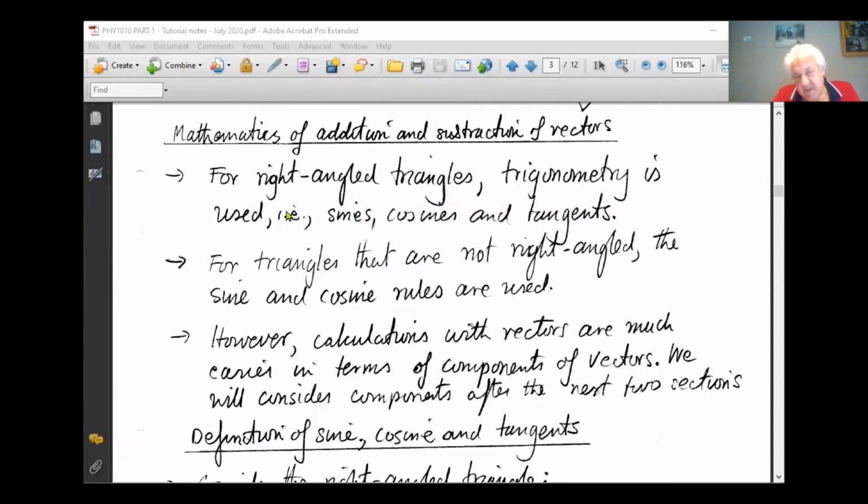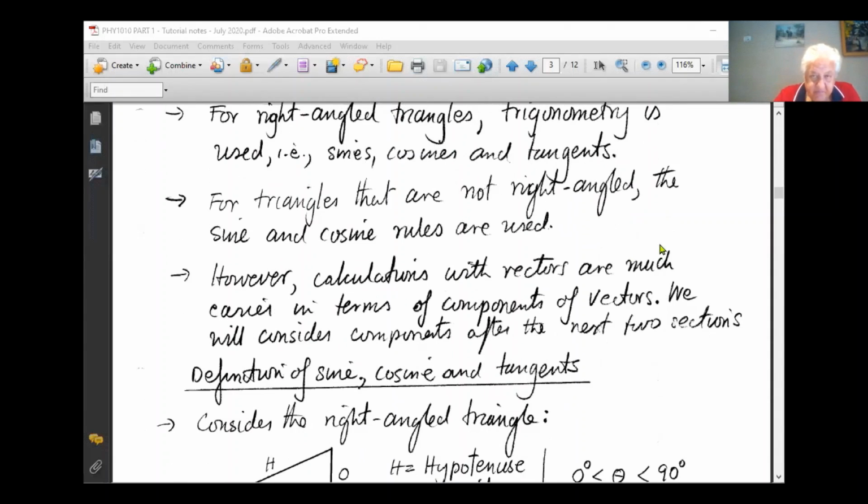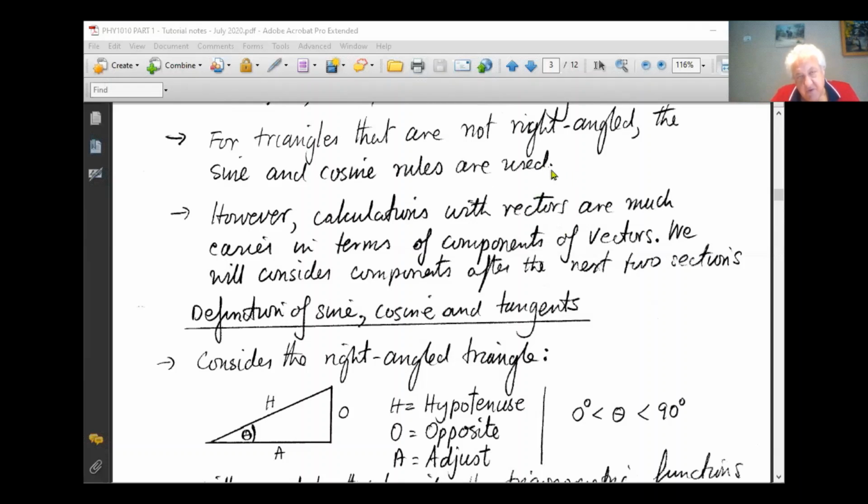We'll be doing a lot of examples in the various tutorials, so I will leave examples of this when we come to tutorials. For triangles that are not right-angled, the sine and cosine rules are used. You probably know these from your school days.